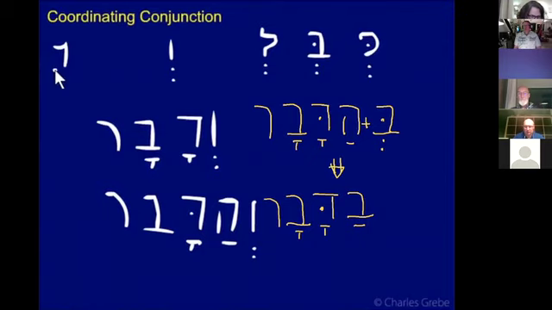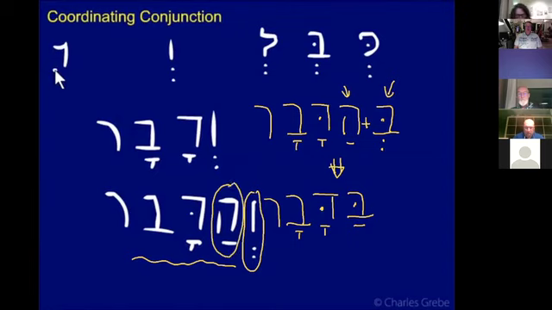So an inseparable preposition like this plus an article, the hey disappears and the inseparable preposition moves to the left and becomes again the first letter. So you get badavar. But what he says here, over here, you see that the vav is still there and the hey, the article, is still there.